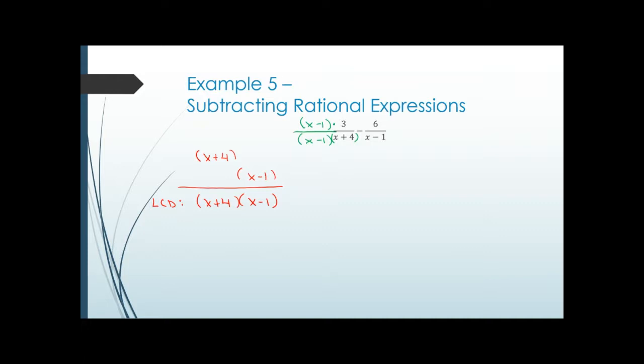Now the second fraction, we have x minus 1. And because those are subtracted or added, those are grouped together. We don't have an x plus 4 in the denominator of that fraction. So we need to create that by multiplying by x plus 4.